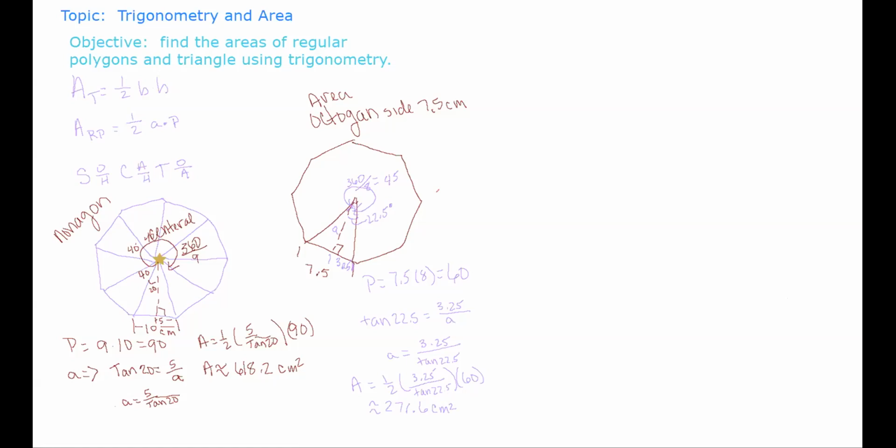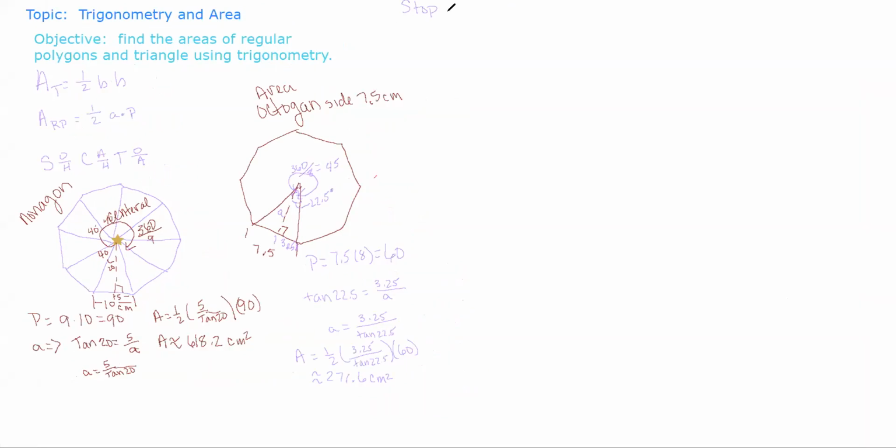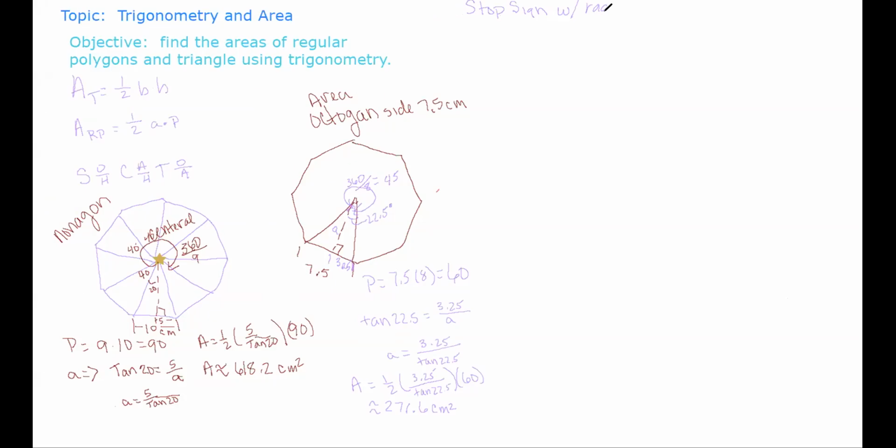So we have a stop sign, and our stop sign is an octagon, and it has a radius of 16.2 inches. And we are supposed to find its area.